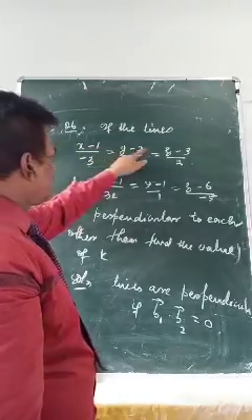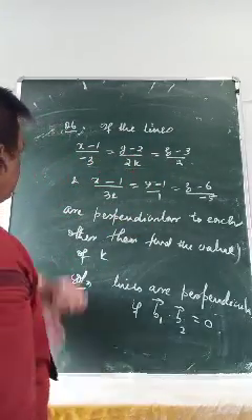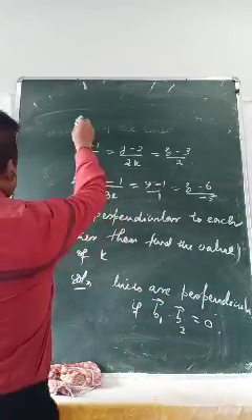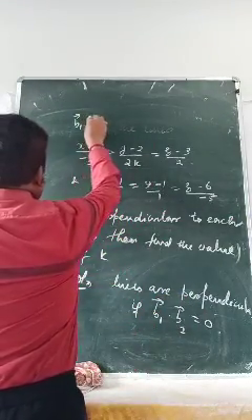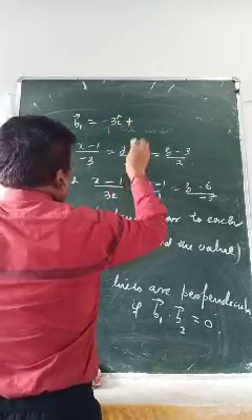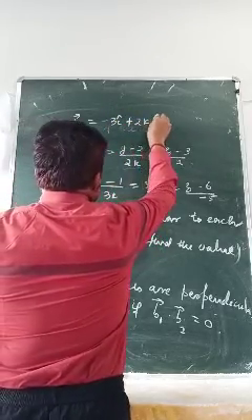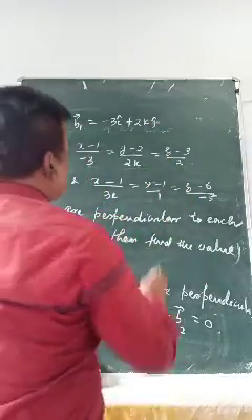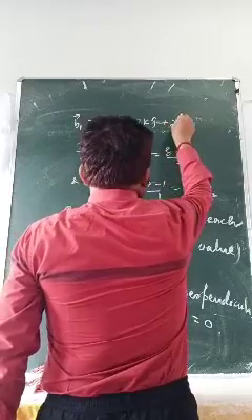It is already there, so directly you can write b1 vector equals minus 3i plus 2kj plus 2k.